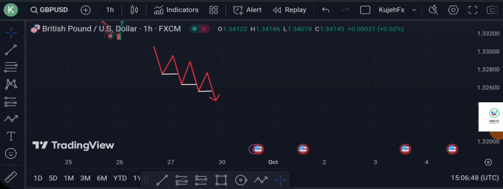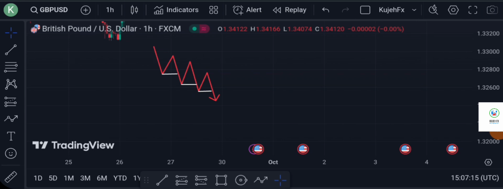So when the market is in a downtrend, at a point it may go to an uptrend. How would you know if the market wants to reverse from downtrend to uptrend? It's very simple. You will know by the occurrence of what we call change of character. A change of character occurs when the market breaks structure in the opposite direction, not in the same trend.